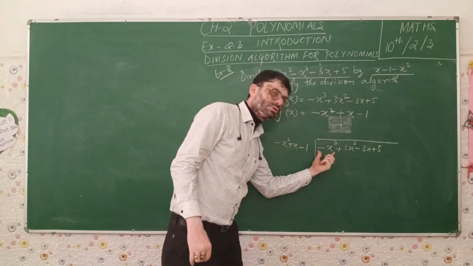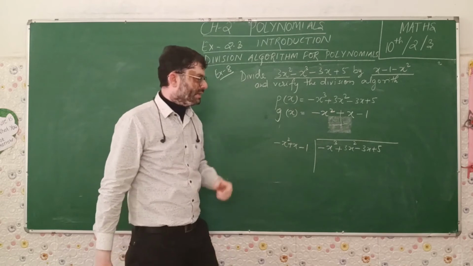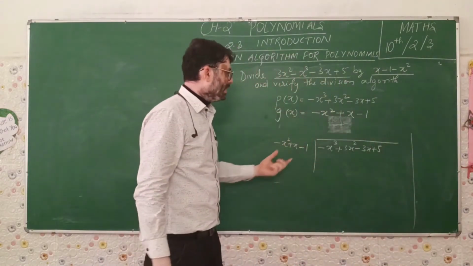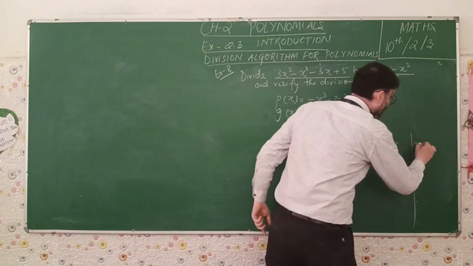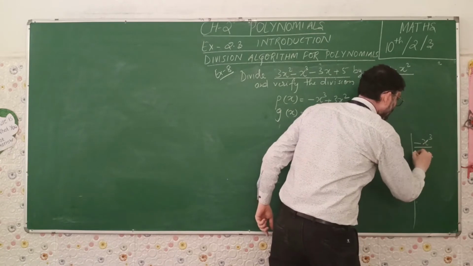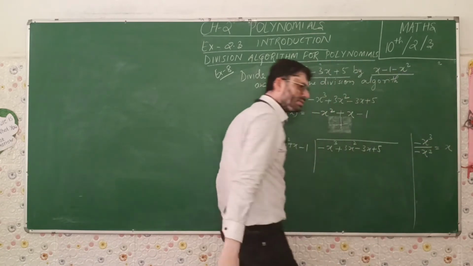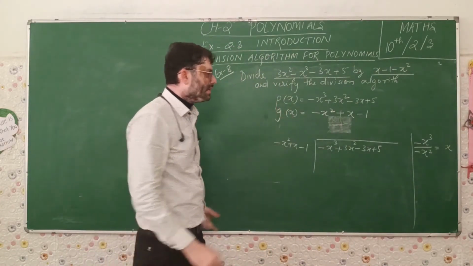This is minus x squared of the dividend, and the first term minus x squared of the divisor. So let us find our first term in the quotient, dividing minus x cubed by minus x squared. Minus x cubed divided by minus x squared is equal to x. So the very first term that we are getting is x in our quotient.